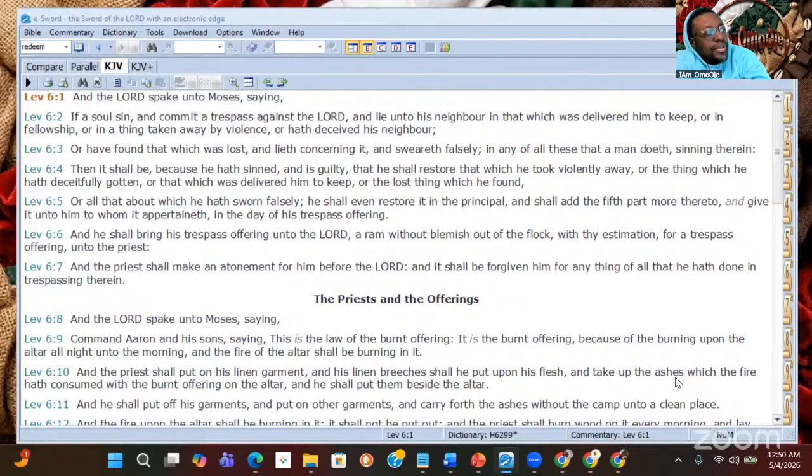So he not only has to make his trespass offering because he deceitfully took it or coveted it or whatever, he has to give it back plus a fifth of it, so 20%. Maybe that's where the 20% safety factor comes from.